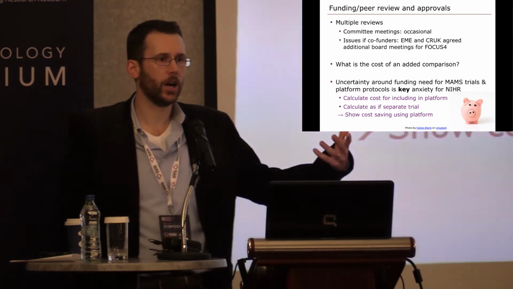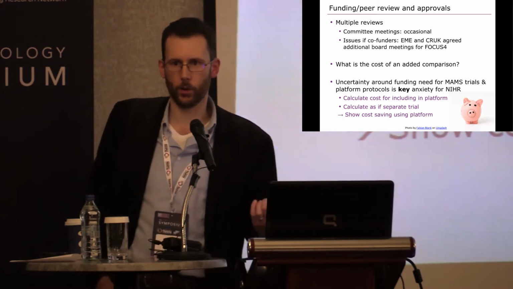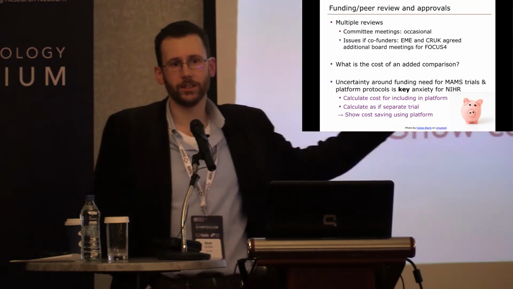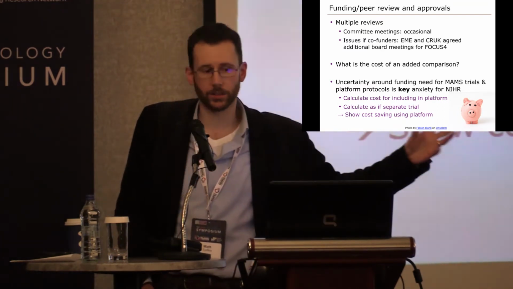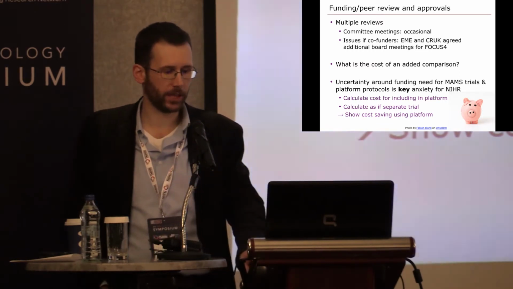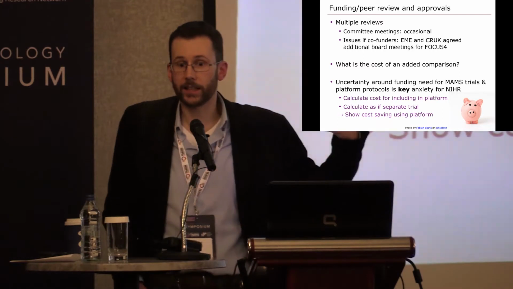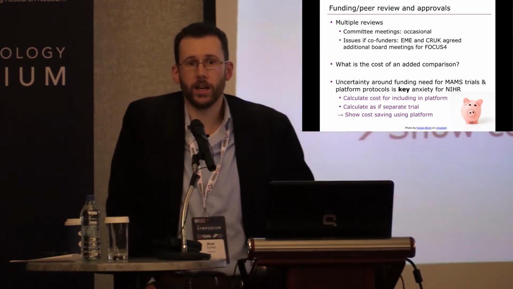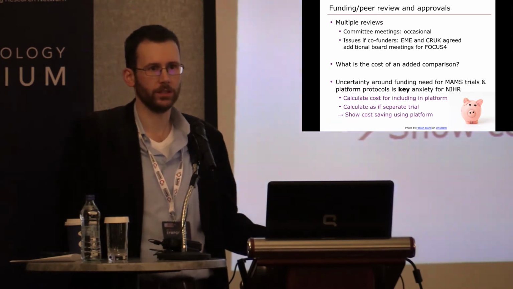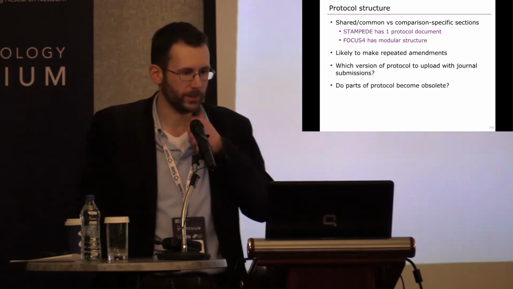What do you get if you add an arm in? How much less of a trial manager or a data manager or a statistician could you get away with as a result? And as I say, a key anxiety that the National Institute for Health Research in the UK told us about is trying to work out what those costs are and have some kind of certainty. They would love us to be able to give them a much better indication of what the cost of a clinical trial is. But actually, there's so much uncertainty about what the cost of a traditional trial is from unit to unit that trying to talk about savings is, well, it's a bit of a big ask at the moment, isn't it?